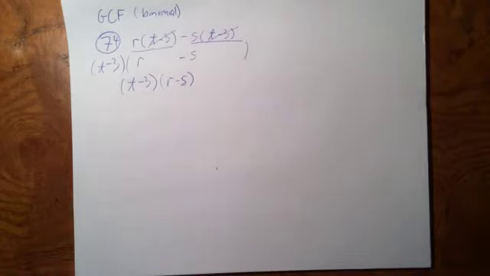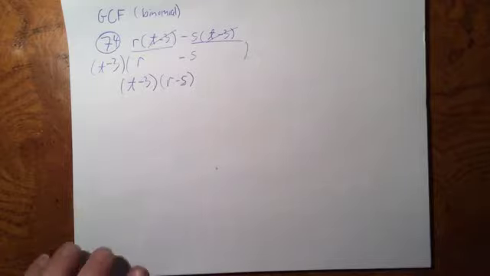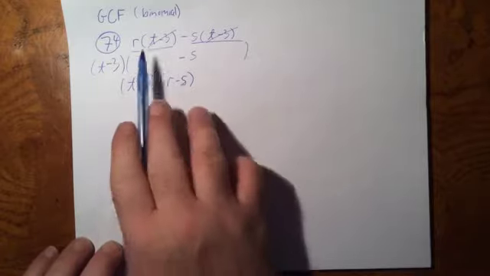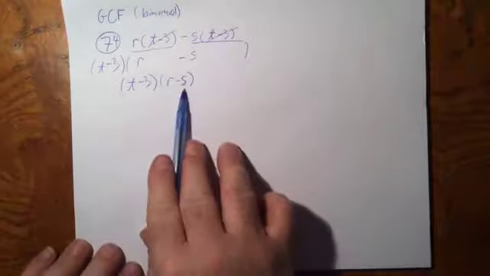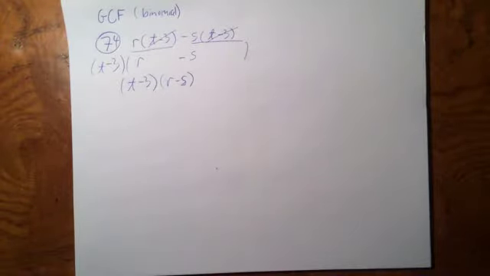However, if you want to write the original problem and then write it again to show the work here, there's nothing stopping you from doing that. So if you think that would help, please go ahead and do so. Remember, you can stop this video to help you anytime you want. So going back to this problem, by factoring out a common binomial, we end up with two binomial factors here.